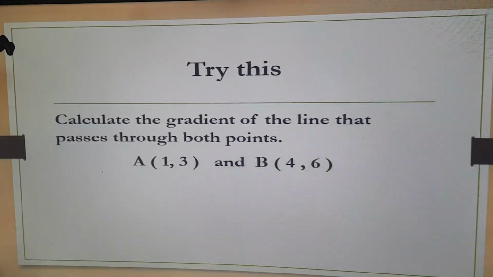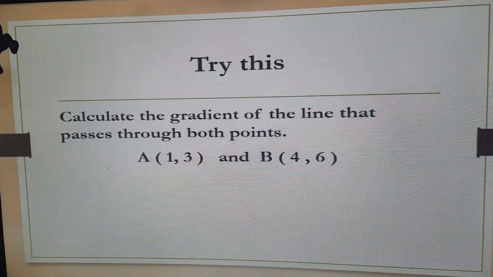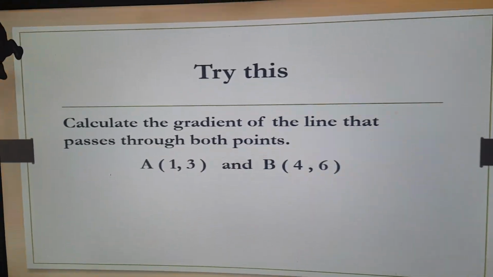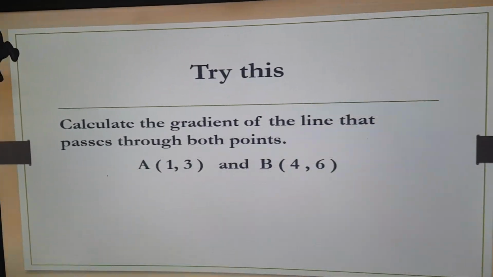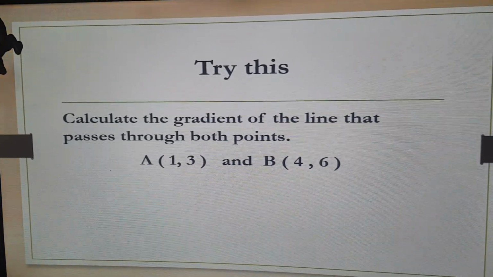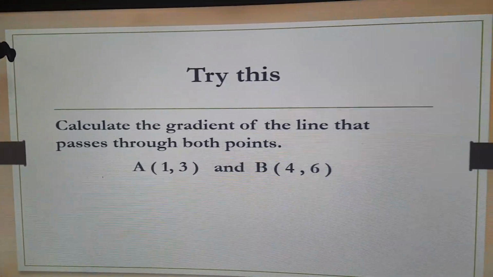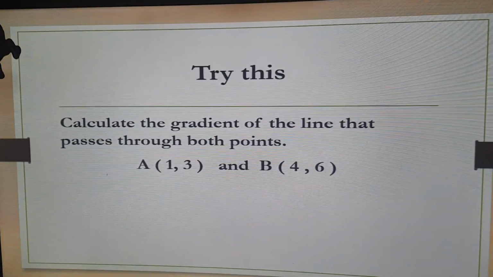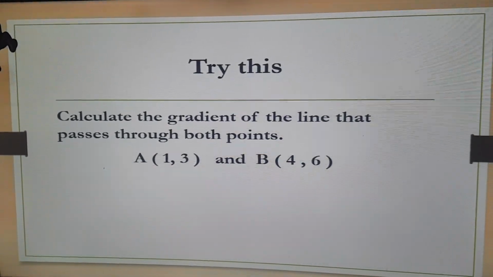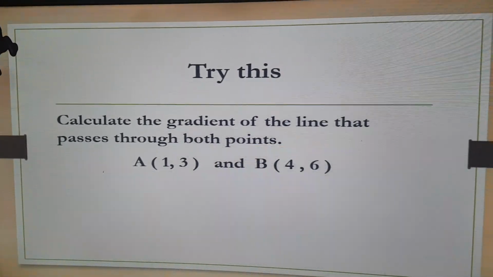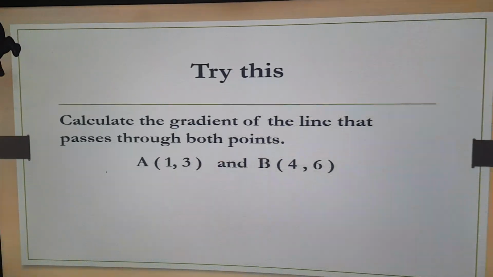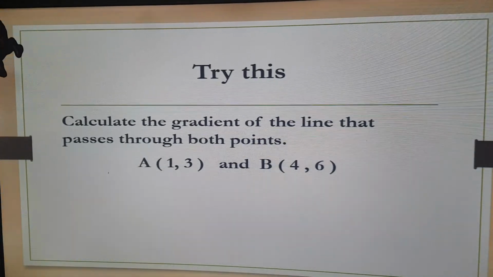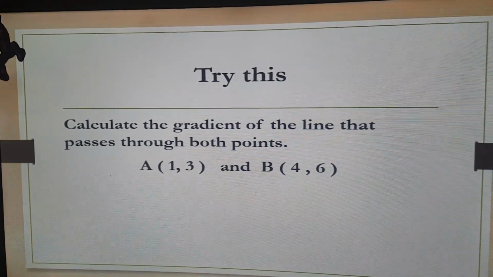All right, it's time for you to try this question. Calculate the gradient of the line that passes through the points A (1, 3) and B (4, 6). So these are 2 points on the line. You are expected to calculate the gradient of this line using these 2 points. So you have to label A as x1, y1, and label B as x2, y2.